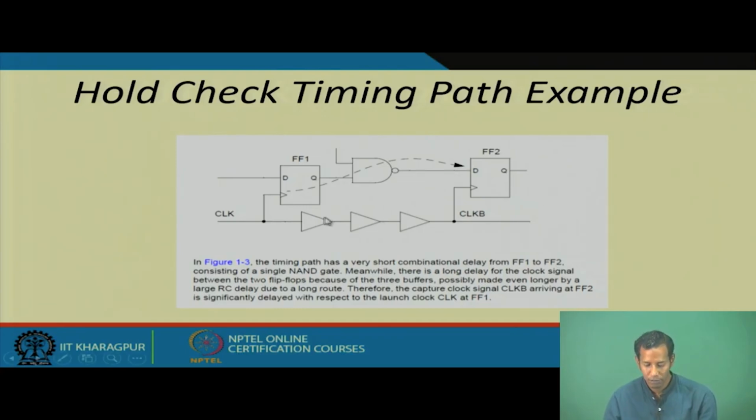That is why we put buffers in the clock tree path as it reaches the farthest sequential elements. Because of that, we get clock signals of very high strength, and the clock signals are much clearer. Since the clock has to traverse a long path, the signal will not be degraded.